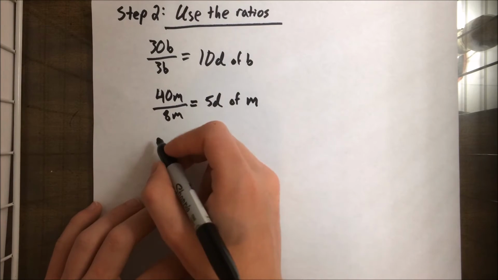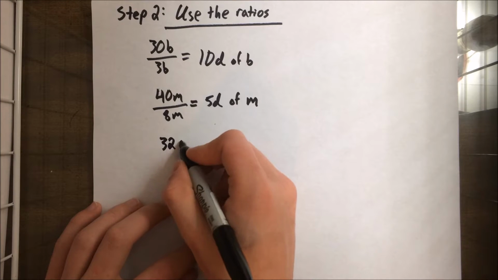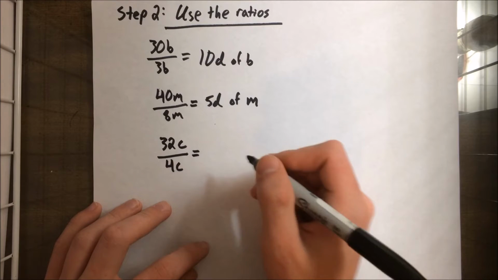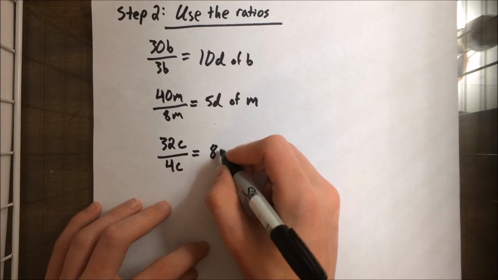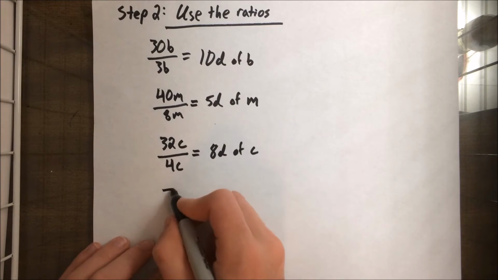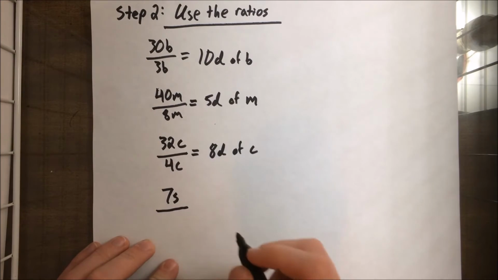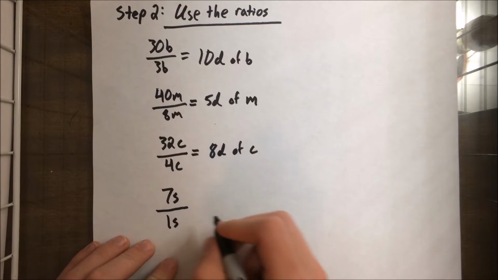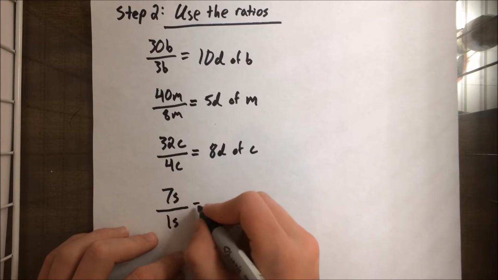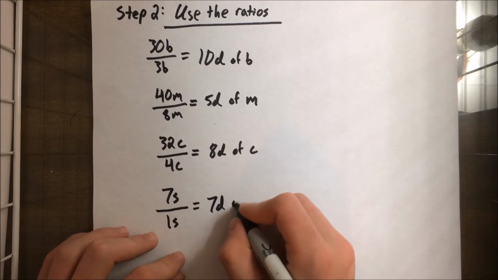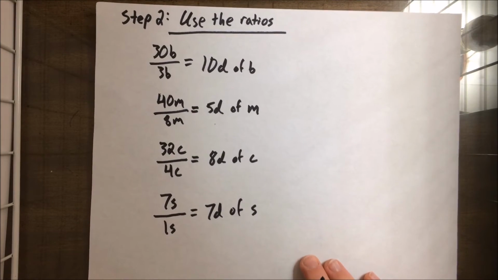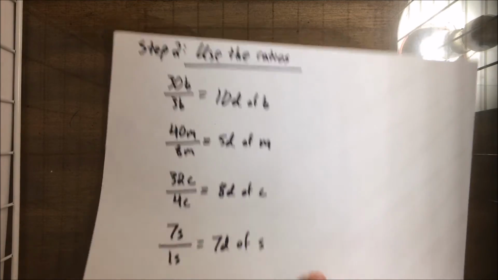Then we also have 32 cheese divided by 4 slices of cheese per sandwich, so that's 8 sandwiches worth of cheese. And we have 7 servings of sauce, with 1 serving per sandwich, so that's 7 sandwiches worth of sauce.